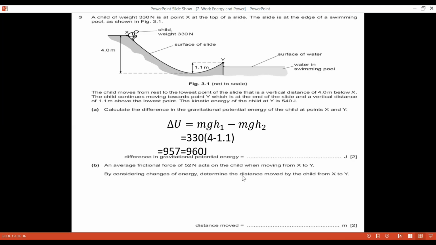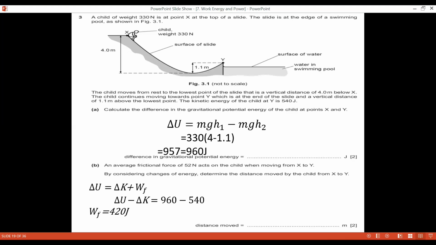अब वही ये पूछ रहा है कि जी बताइएगा कि कितना distance move किया है, जबकि average frictional force आपको बता दी है 52। सो यहाँ पे मैं law of conservation of energy apply करूंगा। Loss in potential energy is equal to gain in kinetic energy plus work done against friction. जो इनका difference होगा, वो friction के against आपने work किया हुआ है, तो भी उसको work done against friction हम put कर सकते हैं। Put the values. So 960 minus 540 will be your difference in potential energy and kinetic energy, which comes out to be 420.